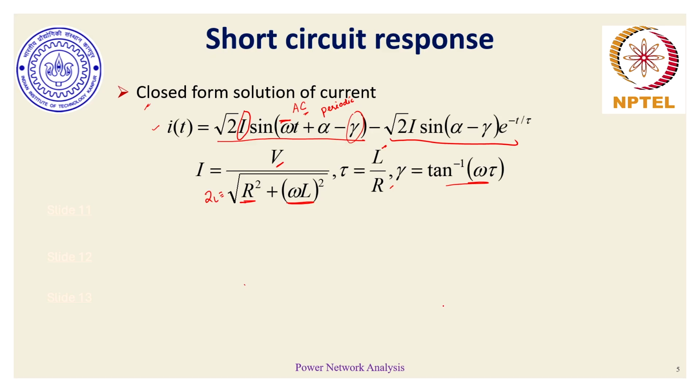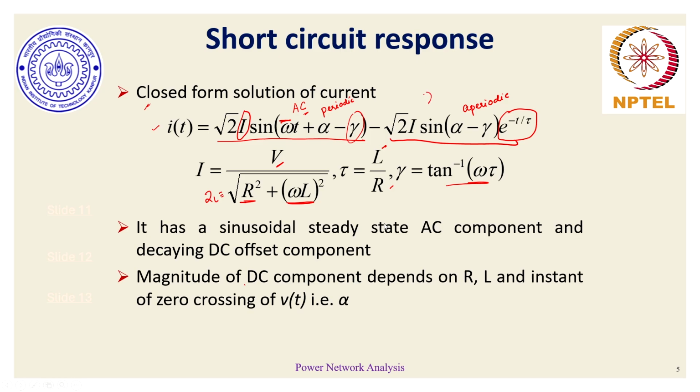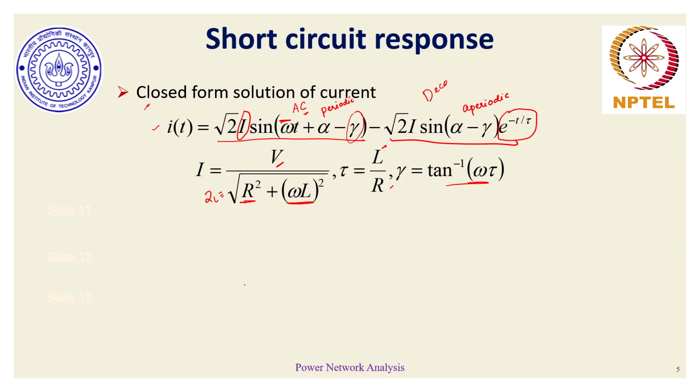The second term doesn't have periodicity, doesn't have a wave phenomenon, and in fact it has an exponential term with it, and we call this component the decaying DC component.